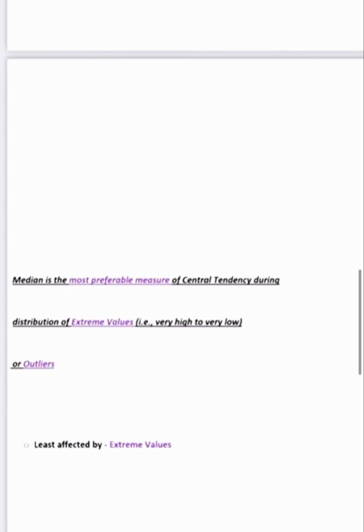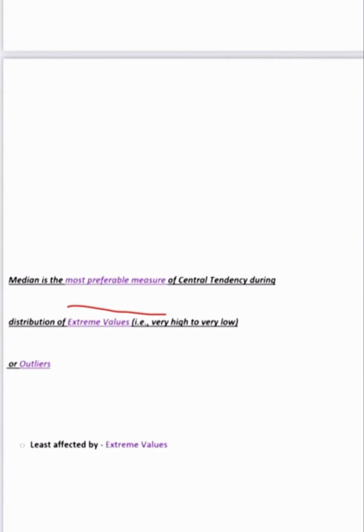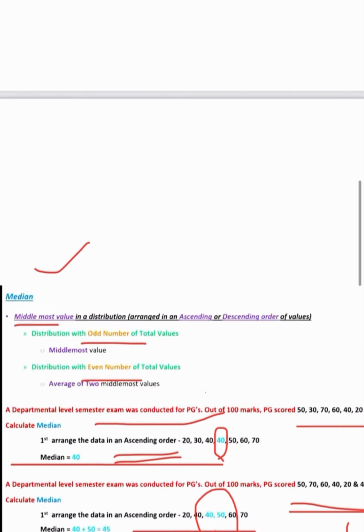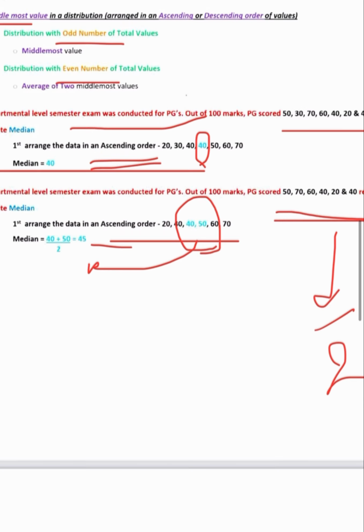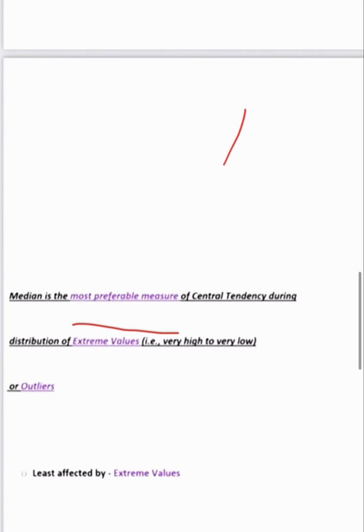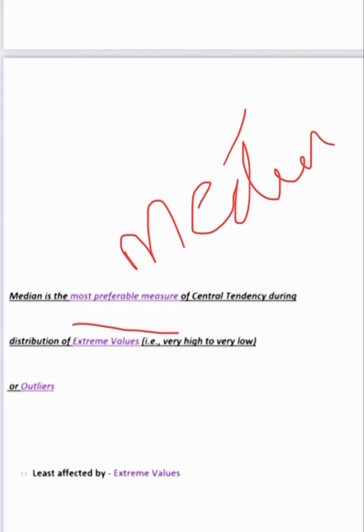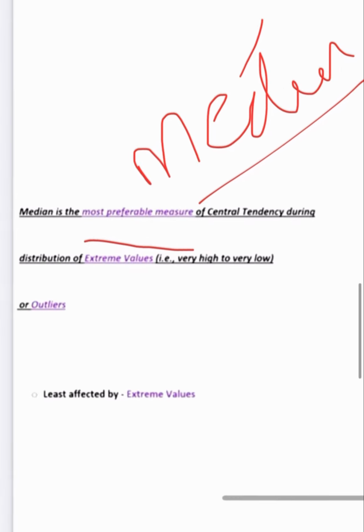Then median is the most preferable value. Mean is the best measure of central tendency, but which one is preferable? Preferable is median. So remember this, most preferable is median.